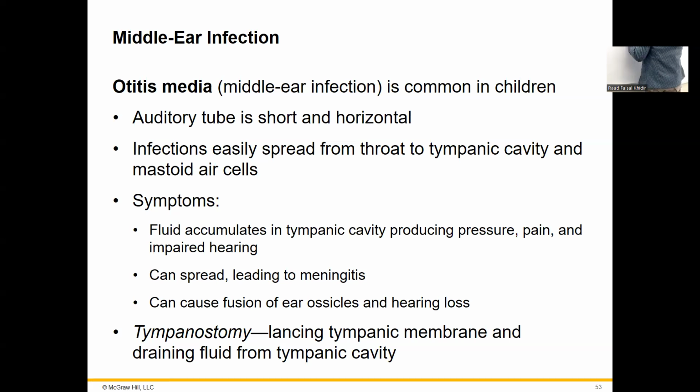So all roads lead to Rome. Inflammation is not triggered by something good. Very negative, bad things cause inflammation.